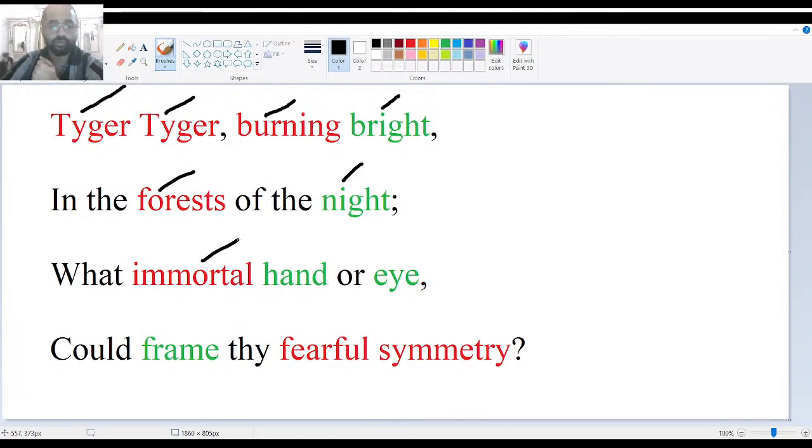So immortal, hand or eye, frame thy fearful symmetry. Symmetry is three syllables. The first syllable is stressed. Okay. Put the unstressed marks.